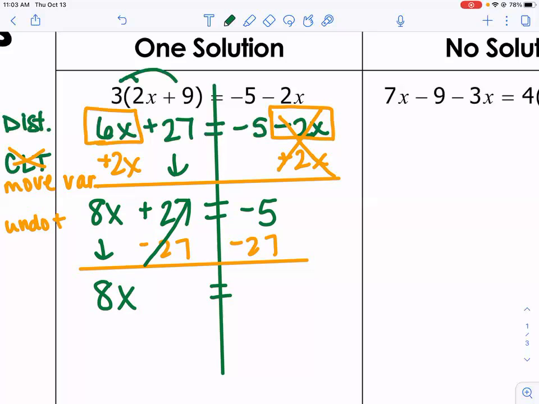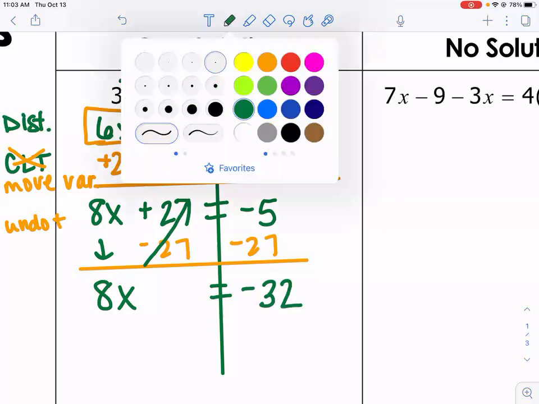Okay, help me out. Negative 5 minus 27. Negative 32. I like that because I have 8x on the other side, right? Negative 32 is pretty good to have over there, right?